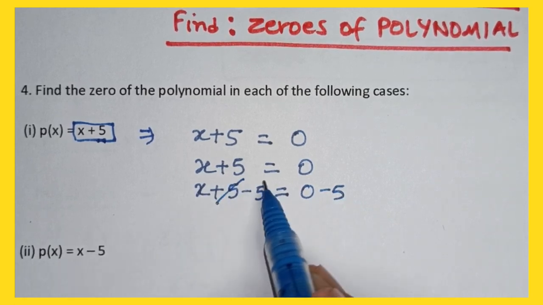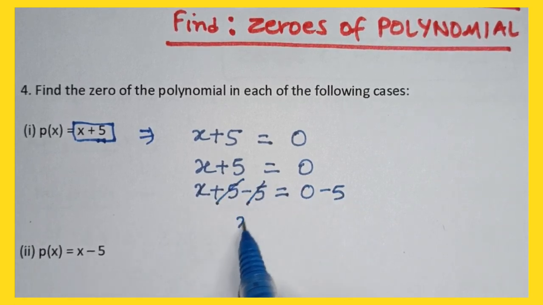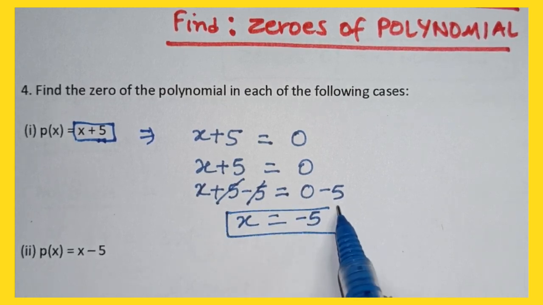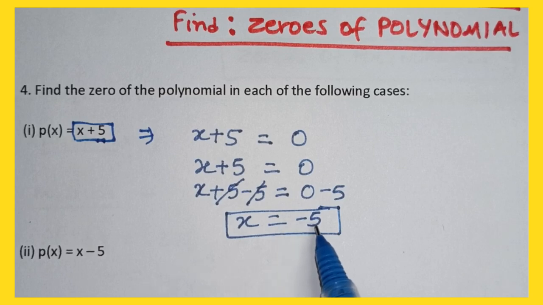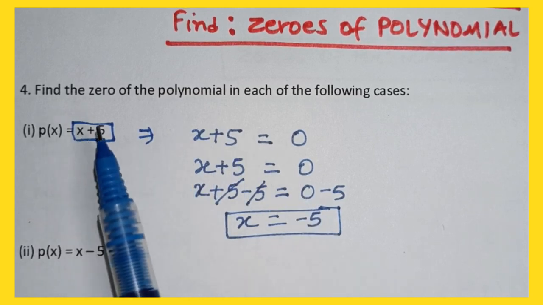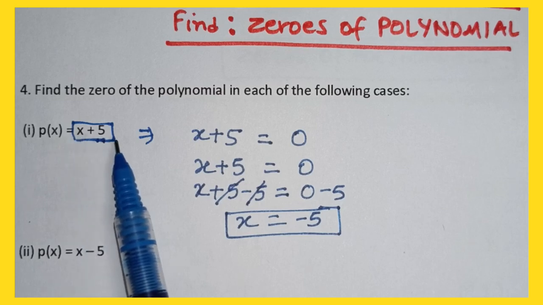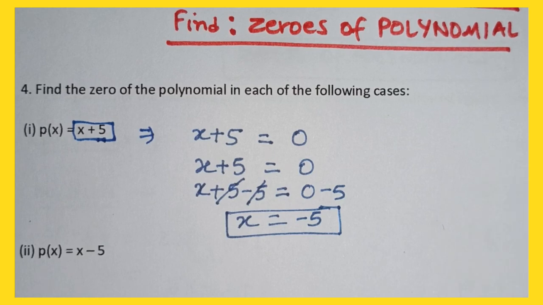So plus 5 minus 5 will cancel out, and you will have x is equal to 0 minus 5, that is minus 5. So x is equal to minus 5. This is the value you get, and when you put this value at the place of your variable x, your whole polynomial becomes 0. I hope you understood.